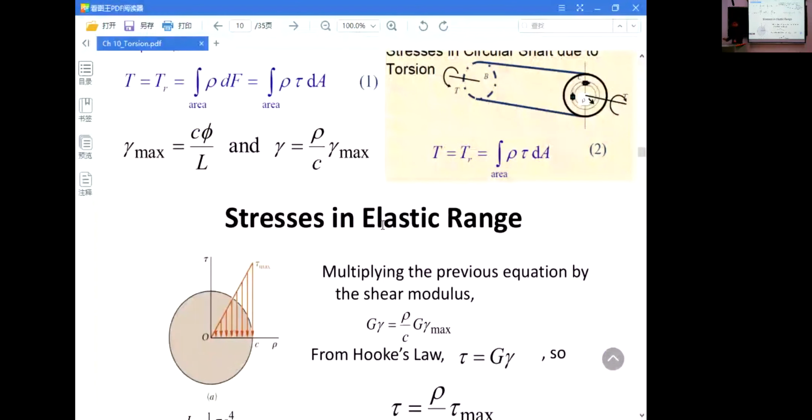We know tau equals G gamma. Do you know it?